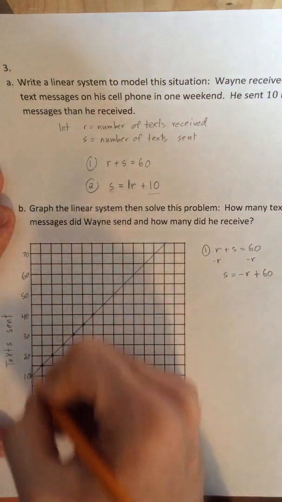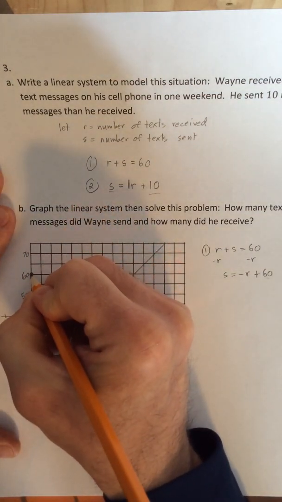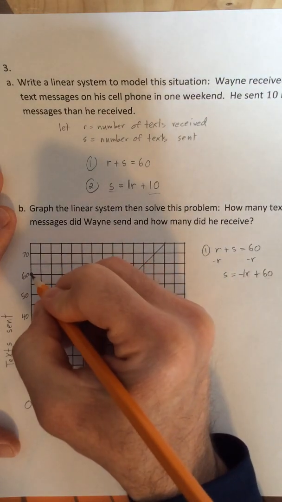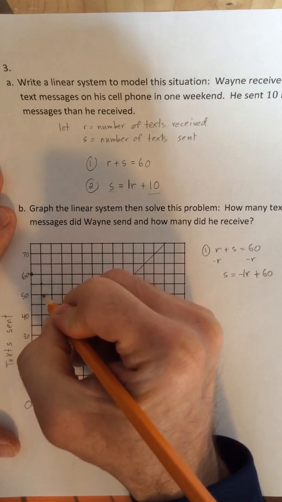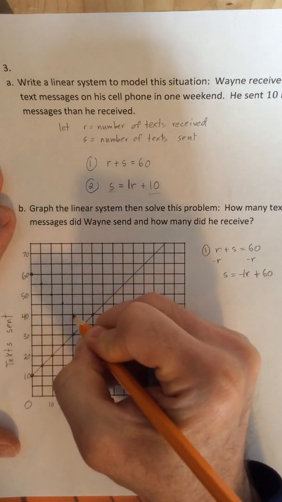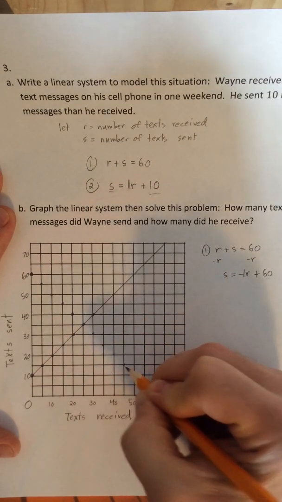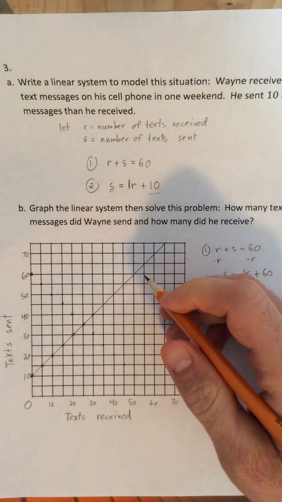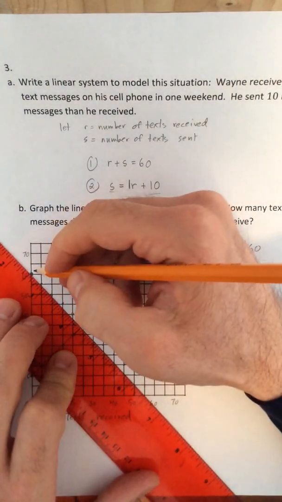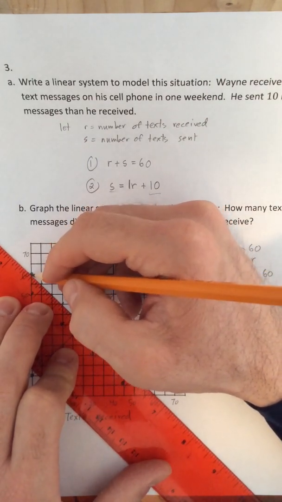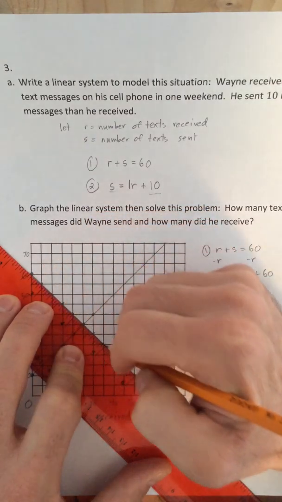So I would find 60 along this sent axis and put a point there. The slope is negative 1, so the slope really is negative 1 over 1. So now I'm going to go down 1 over 1, down 1 over 1, and continue this pattern. Again, it is okay to do this as long as both axes go up by the same amount. If they went by different amounts, you couldn't use the slope the same way that I'm using it here, where I'm going down 1 over 1.